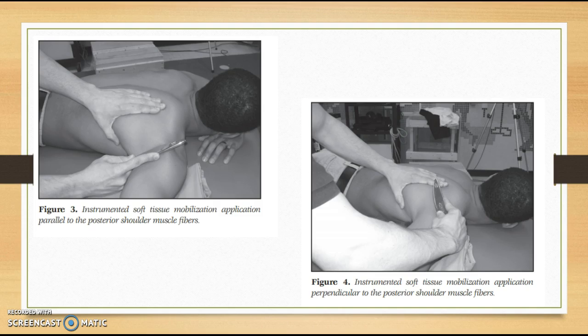Graston's treatment was applied for approximately 20 seconds in a direction parallel to the muscle fibers being treated, with the instrument at a 45-degree angle, followed immediately by treating the muscle in the directions perpendicular to the muscle fibers, with the instrument at a 45-degree angle for an additional 20 seconds, resulting in a total treatment time of approximately 40 seconds. And they did an intertester reliability of passive range of motion measurement prior to the study, and they found an ICC coefficient of 0.93.